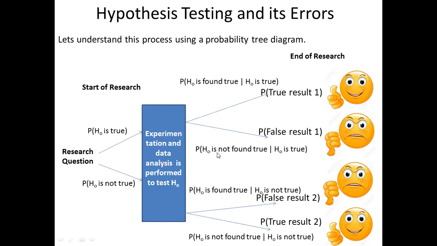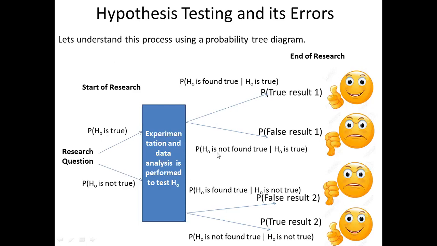So its probability is shown as probability of H naught found to be not true given that H naught is true, or it is written as probability of false result 1. This event is also called a false positive, right? And its probability is also called the probability of false positive or the false positive rate, and it is also called the type 1 error.